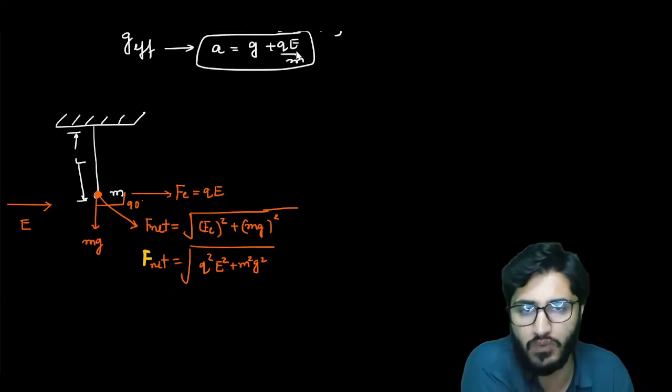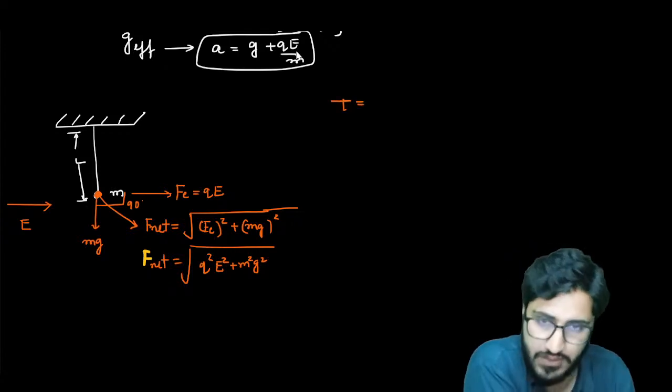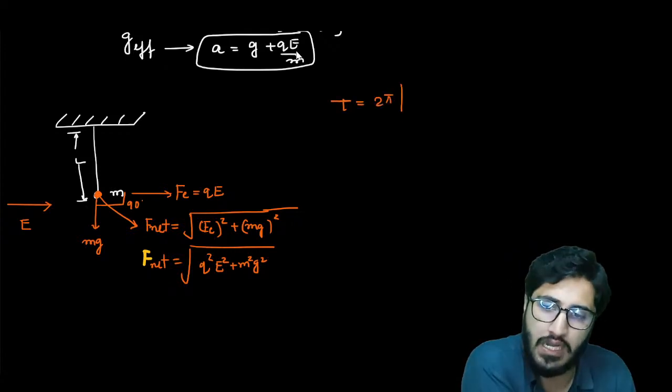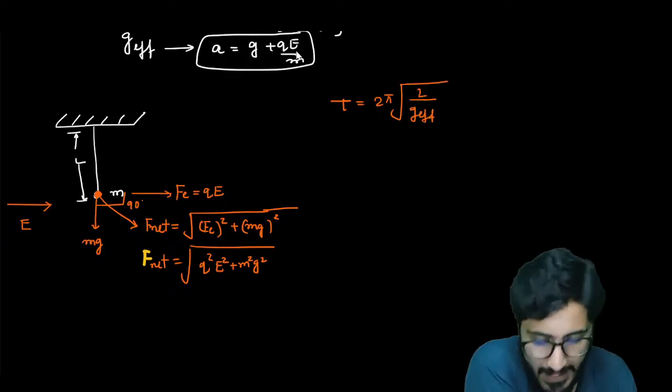So we got F net now. What is the time period now? The time period will be 2 pi under root of L by g effective.